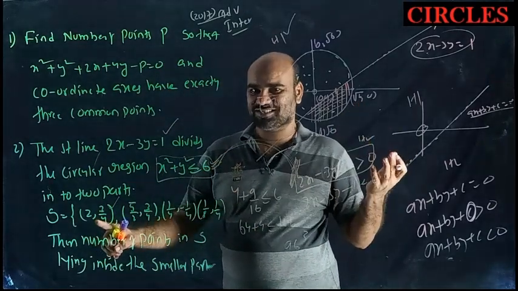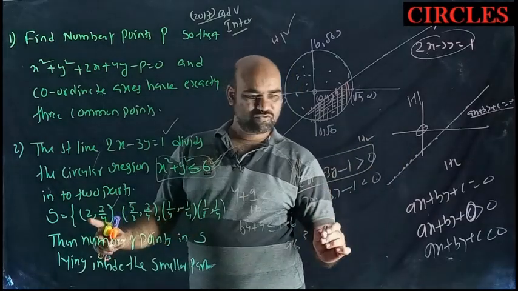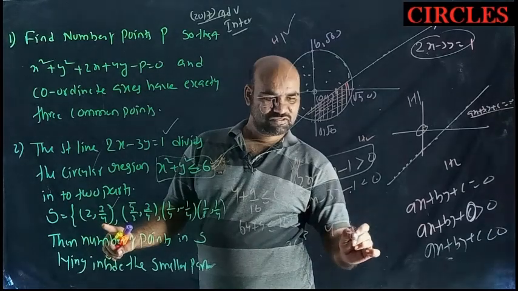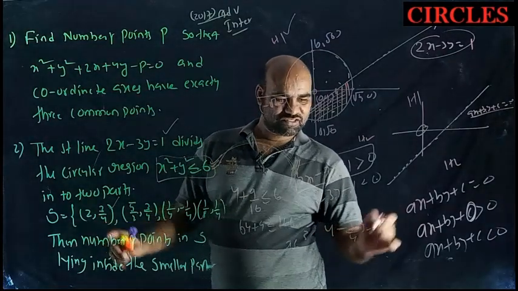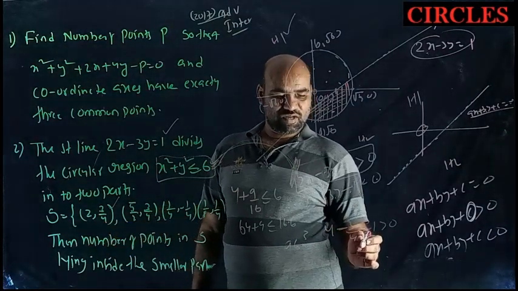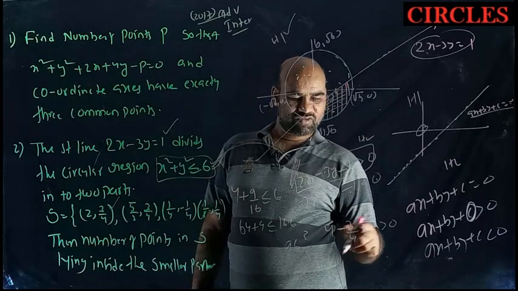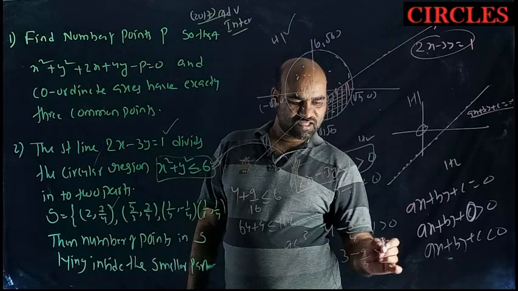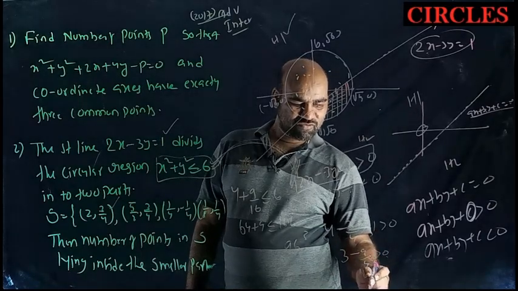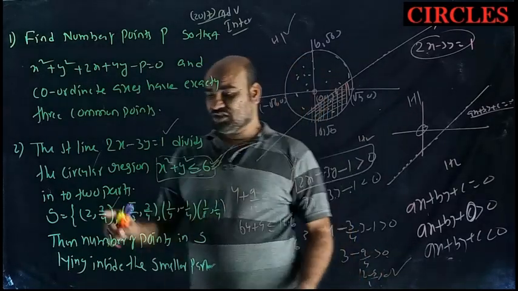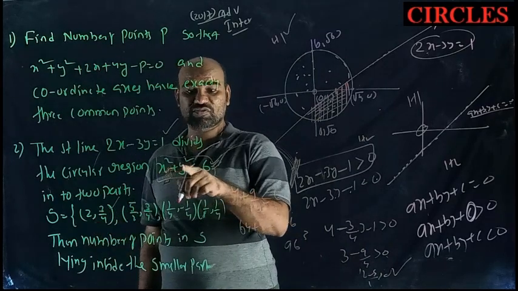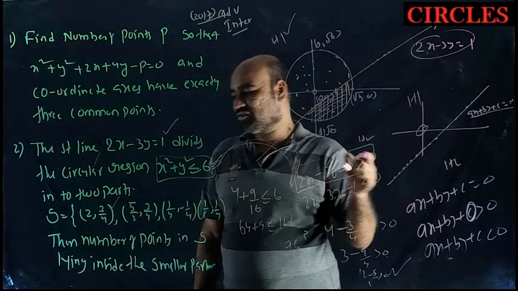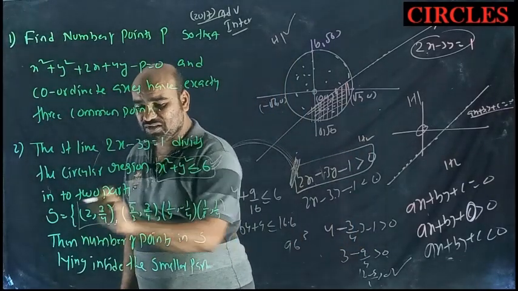Substitute here: 2 into 4 minus 3 by 4 into 3 minus 1 should be greater than 0. 4 minus 1 is 3, so 3 minus 9 by 4, that is 12 minus 9 by 4, greater than 0. True statement. So this satisfies x square plus y square less than or equal to 6 as well as 2x minus 3y minus 1 greater than 0. Therefore, this is one of the required points.